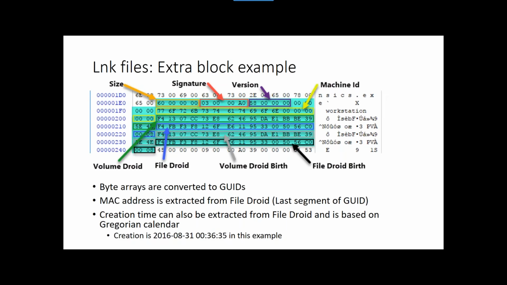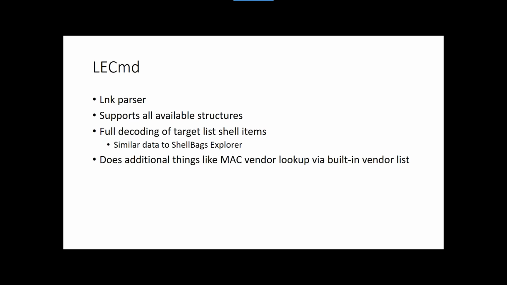So you have the machine name, the NIC, and then a vendor. When we look at the output in PowerShell and then the Timeline Explorer CSV output in a minute, we'll see examples of all that too, where it shows us the vendor.